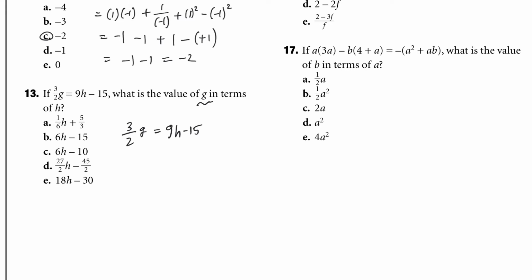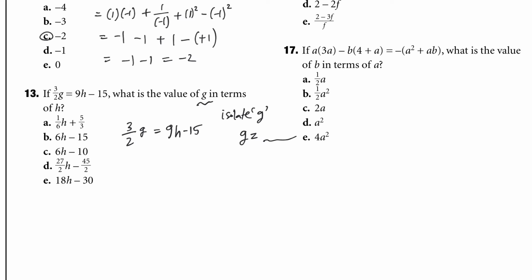If I want to isolate g, that's what finding g in terms of h means. Isolate g. That means we want to bring everything other than g to the other side so that we have g equals something. In this case, we want to get rid of the 3 over 2.